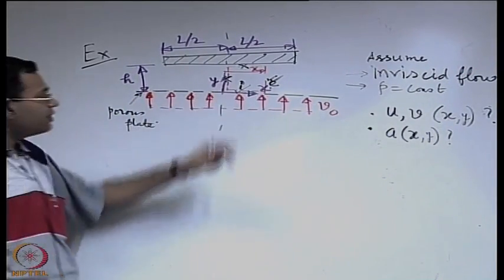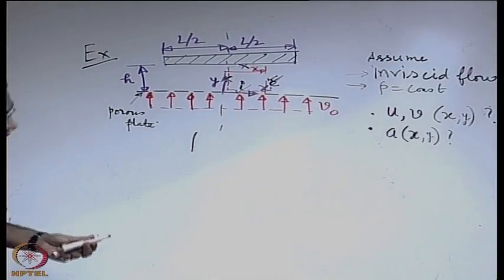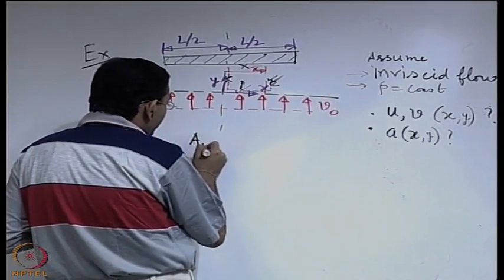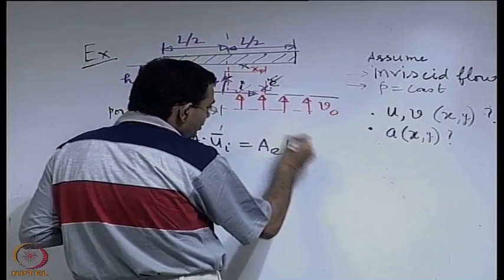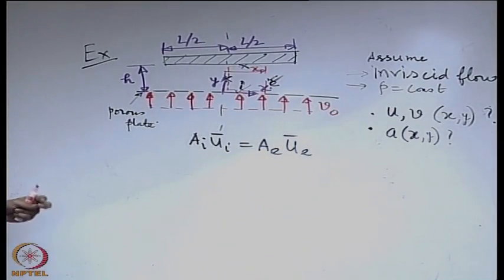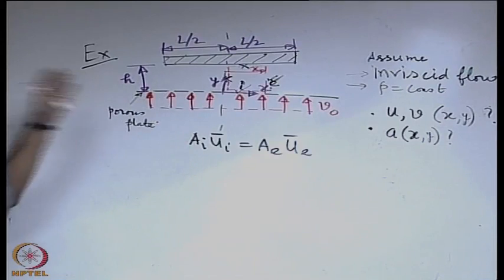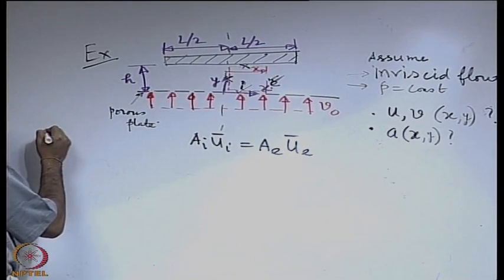So for the surface I, we can write again, here rho is a constant, so we can write AI ui is equal to AE ue. So what is AI? Let us say that the width of the plate perpendicular to the plane of the figure is b.